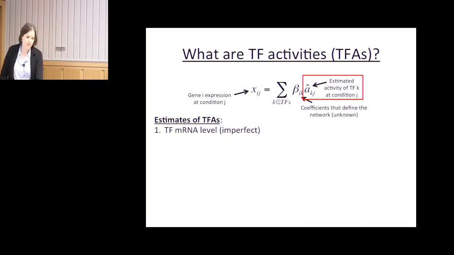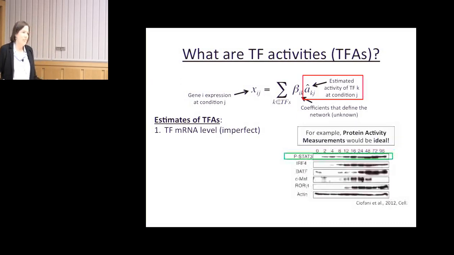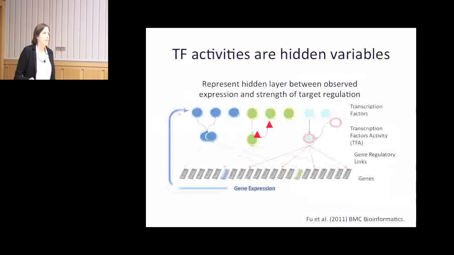And if we really wanted to make good predictions, it would be great to have some, say, protein-based assay of transcription factor activity. But usually we don't have that data. And in that case, transcription factor activities are really, you think of them as hidden variables. So you know the transcription factor's gene expression level, something happens, and the active transcription factors are unmeasured, but are influencing gene expression.